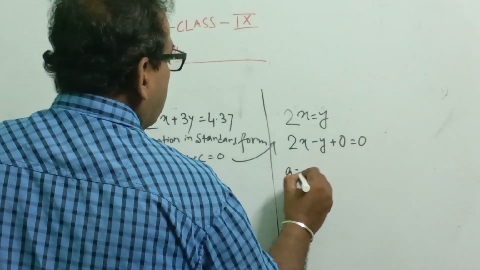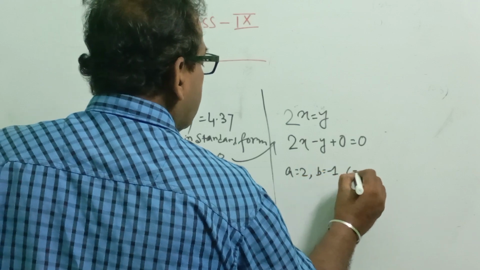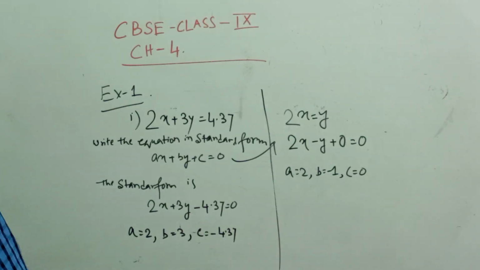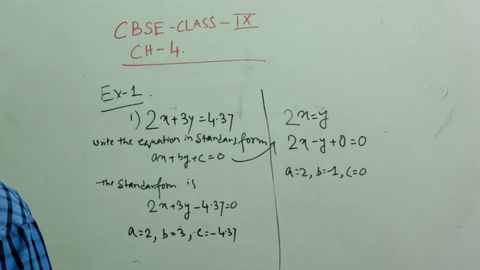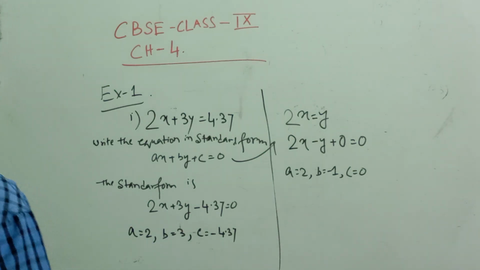Then a is equal to 2, b is equal to minus 1, c is equal to 0. Clear?